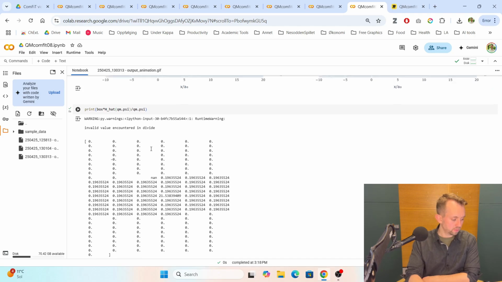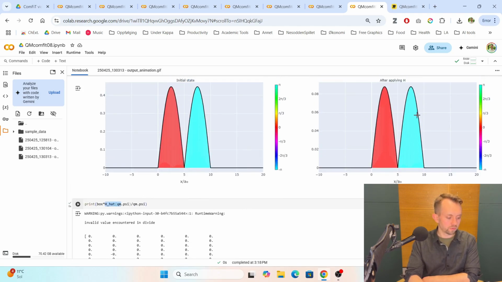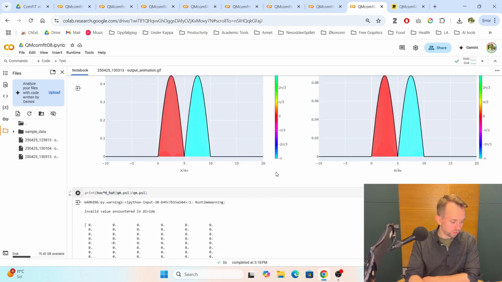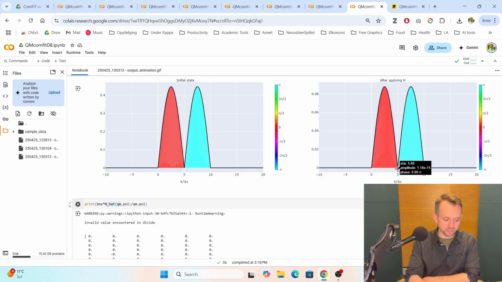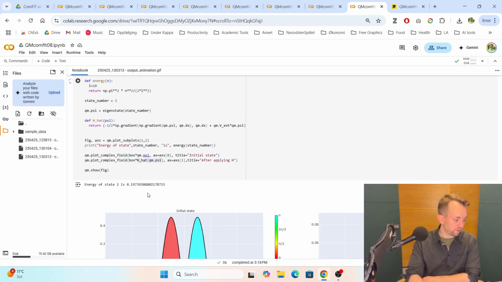And as you can see, the ratio between this function after applying h hat and the initial function is just this constant number, 0.193554, except for this one point here, which is 21, and that has to do with the numerics of calculating the derivative very near the 0 point here. And this is in fact the energy of the state.